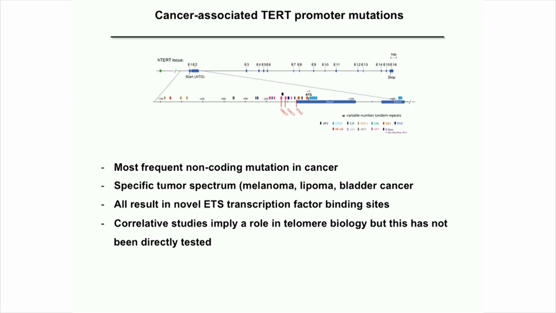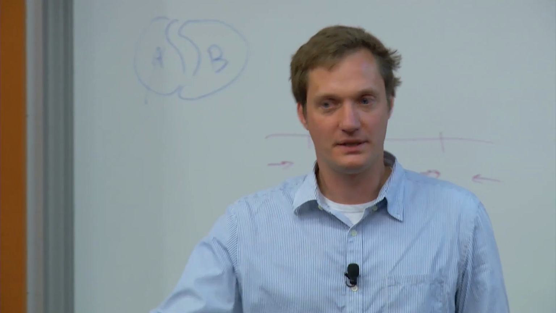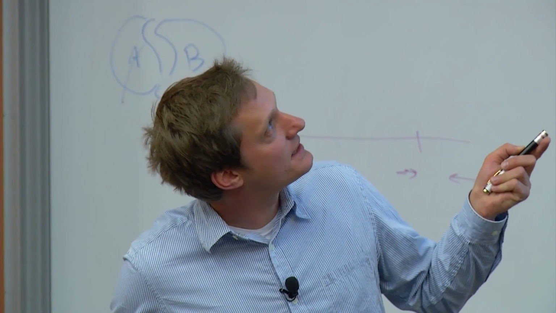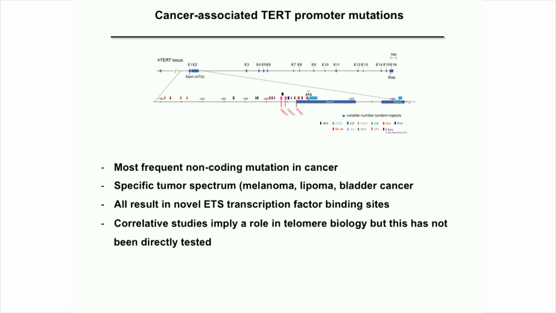Telomerase, I will introduce that to you, and I will introduce to you why this question can only be answered in human cells. So what was reported in 2013 is that in the gene that expresses TERT, the protein that makes telomerase, is the most frequent mutation in cancer.